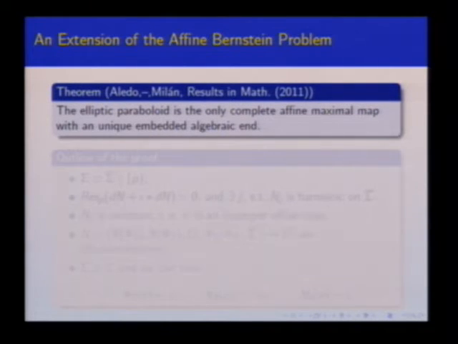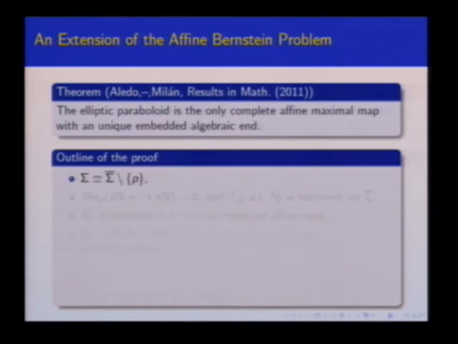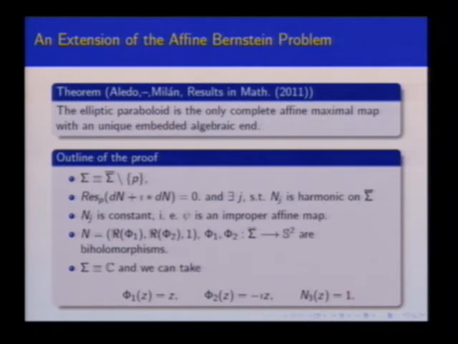The first result that one can obtain in a global sense is the following. It's an extension of the affine Bernstein problem. If we consider a complete affine maximal map with only a unique embedded algebraic end, then it's possible to prove that the surface must be an elliptic paraboloid. The proof can be done in several steps. First, as we have a unique embedded algebraic end, the surface is conformal to a Riemann surface with a point removed.